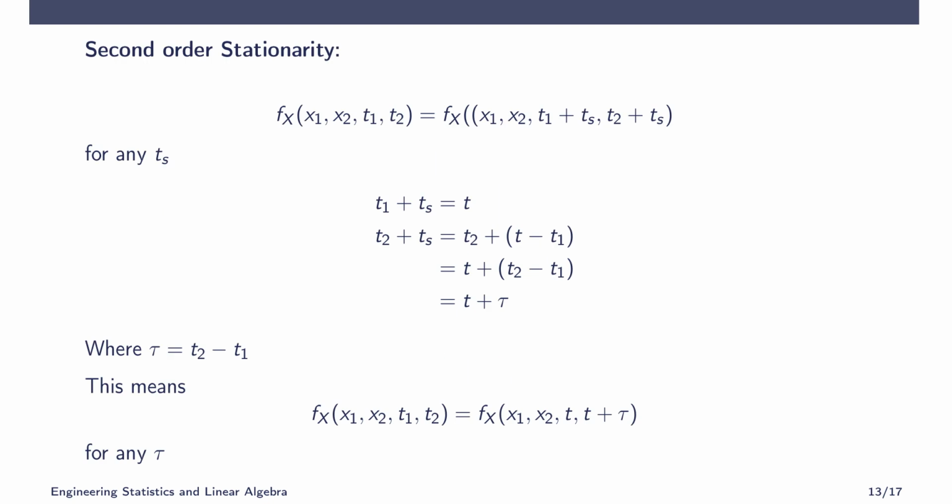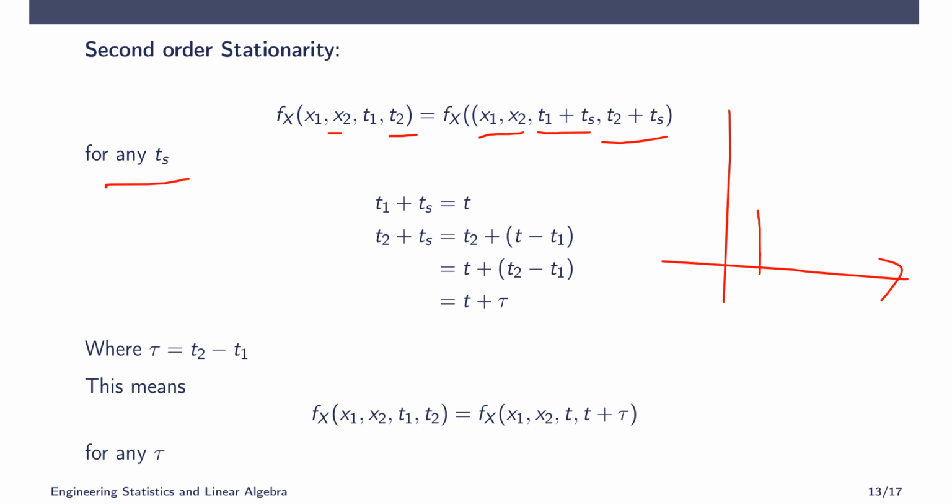Now what is second order? The number of terms becomes 2. So x1, x2, t1 plus ts, t2 plus ts. Now this is for any value of ts, it should repeat. So the two pairs together we have to repeat. For example, if x1 at t1 has the value this much, and x2 at t2 has the value this one, and I shift this by a value ts, the graph should repeat.